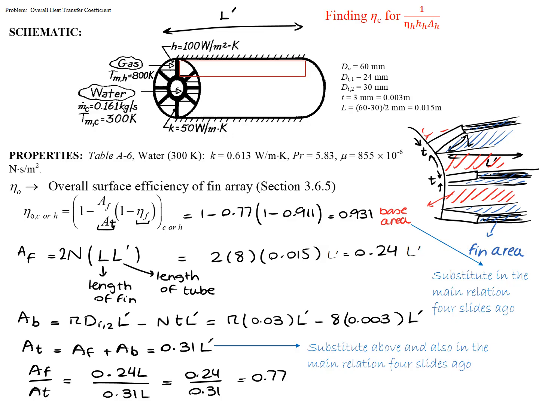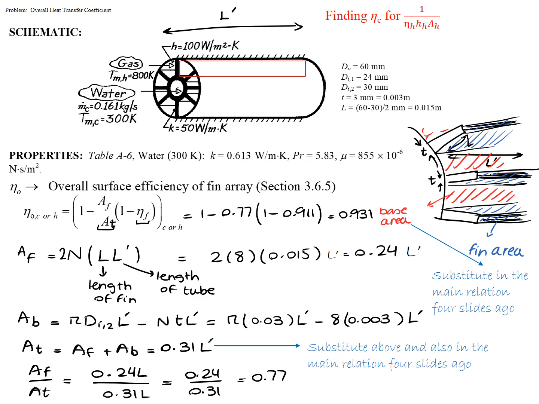Then we calculate the area of the base, which is, well, some of the base is already covered by your fins. So it's not just pi d L prime that's the area of your base necessarily. You do have to do pi d L prime and then take out the parts of the base that the fins are covering. How many fins are covering that?